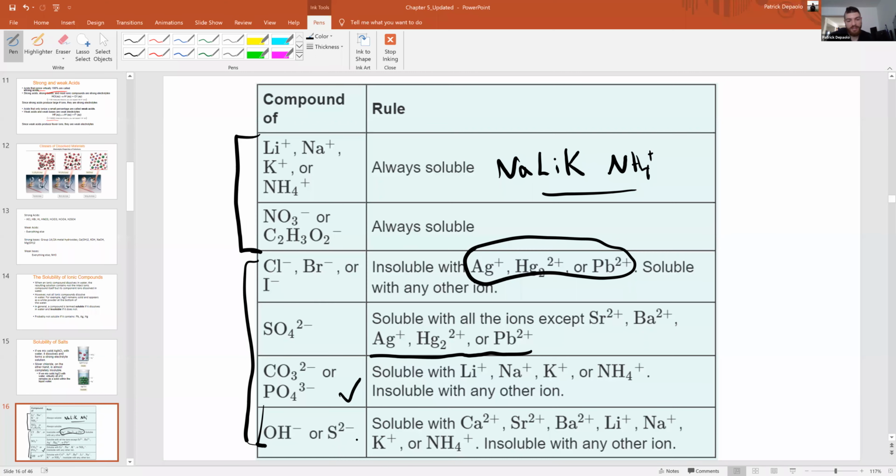Then hydroxides and sulfides are soluble with basically everything in 1A, Nalik, NH4, and also calcium and strontium, insoluble with everything else. So if you just remember group 1A, Nalik, NH4, those are the things that are going to be soluble. Everything else, at least for these anions, is going to be insoluble.